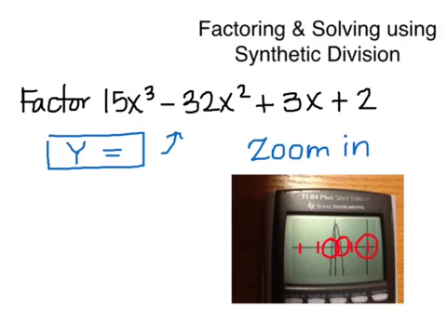And so we're going to assume that probably 2 would be a good number to synthetically divide, and the reason for that is it looks like it's a 0 of the function or an x-intercept of the function. And if it is, we'll know because it'll have a remainder of 0.